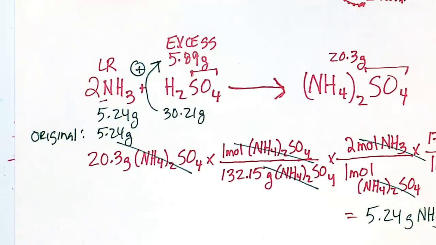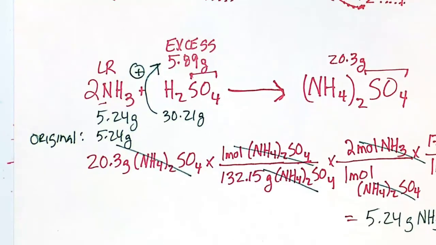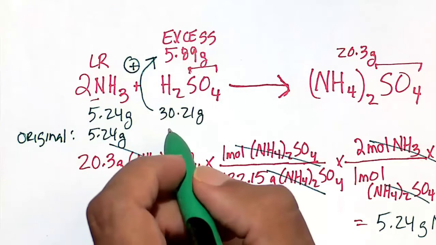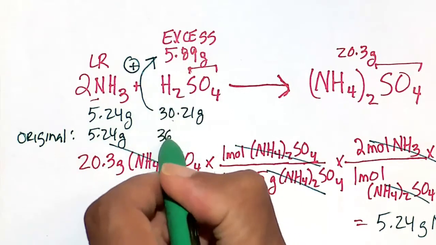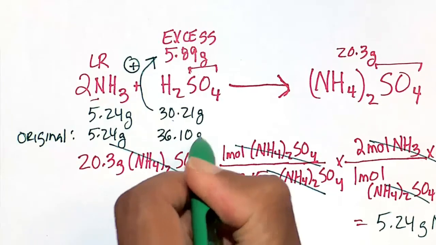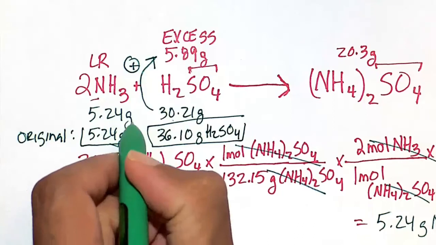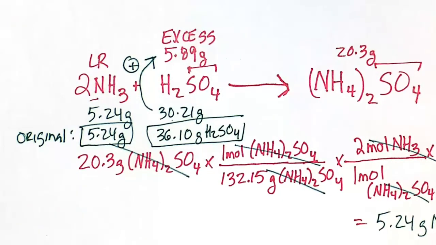So how much was originally there? Originally was 30.21 plus the 5.89. So originally we will have the sum of these two, which is 36.10 grams. So that's the original amount that reacts with this NH3, leaving us behind with 5.89 grams excess as given to us in the problem.